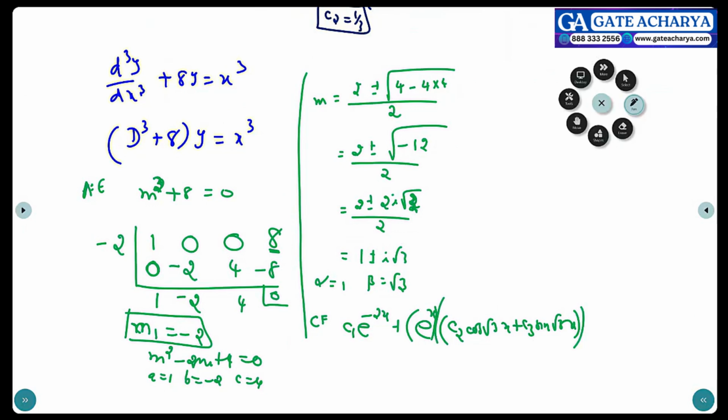So that is the complementary function. But the right hand side is also there, so we write the particular integral. So C1 e power minus 2x plus e power x into C2 cos root 3x plus C3 sin root 3x.